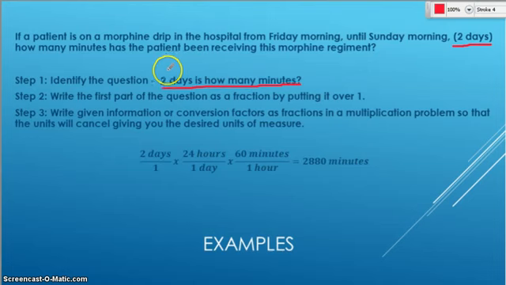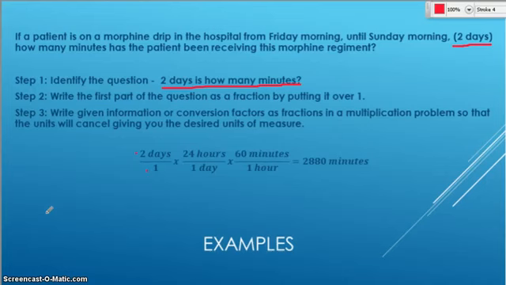So I'm going to write the first part of the question, the 2 days, as a fraction by putting it over 1. So I put 2 days over 1. Now I'm going to use either given information from the problem, or in this case, conversion factors, so that we can get rid of the units of measure.